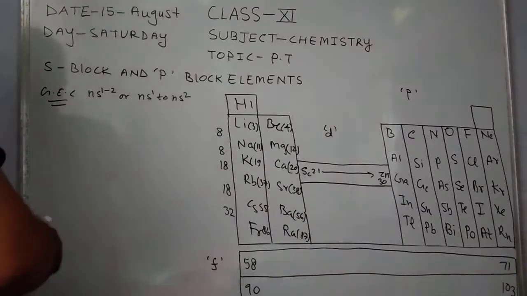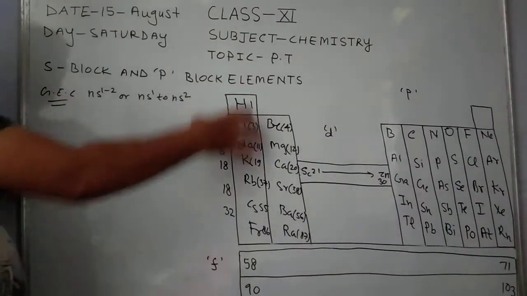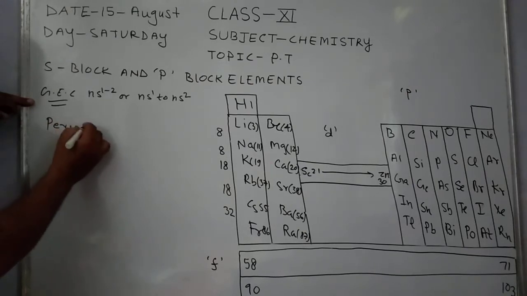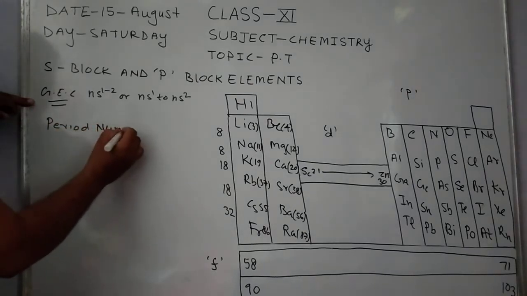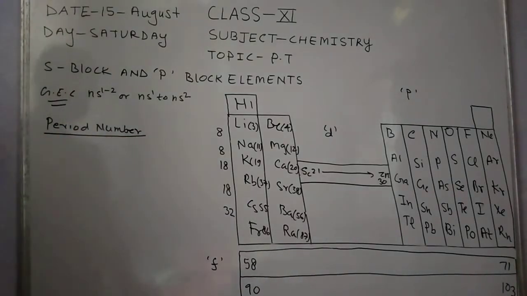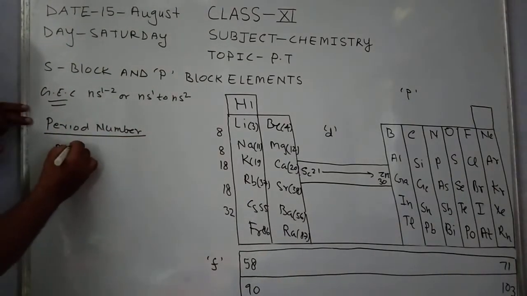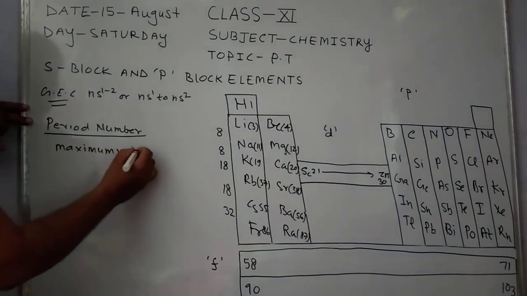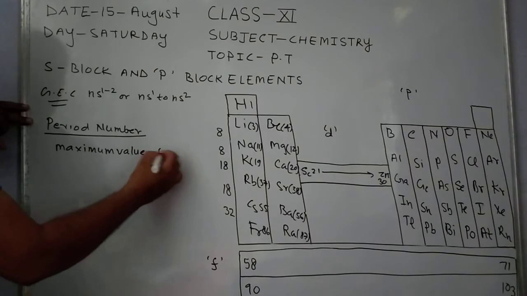How can we calculate the group number and period number for S block elements? First of all, the period number. The period number corresponds to the maximum value of n.